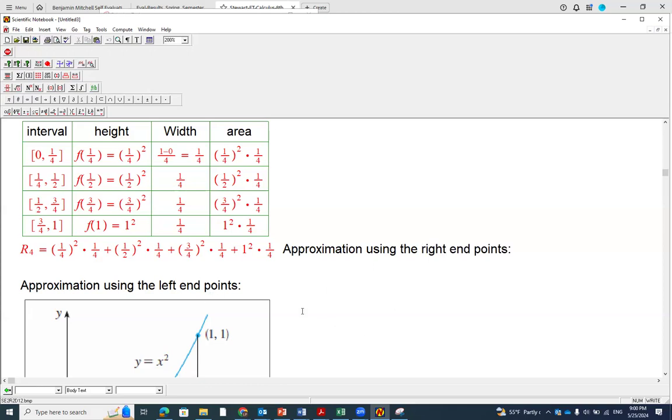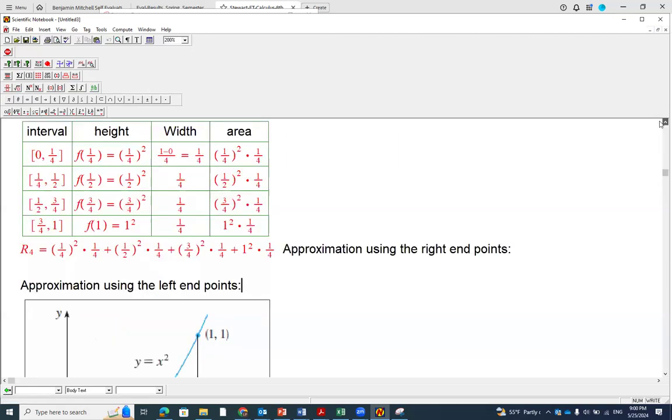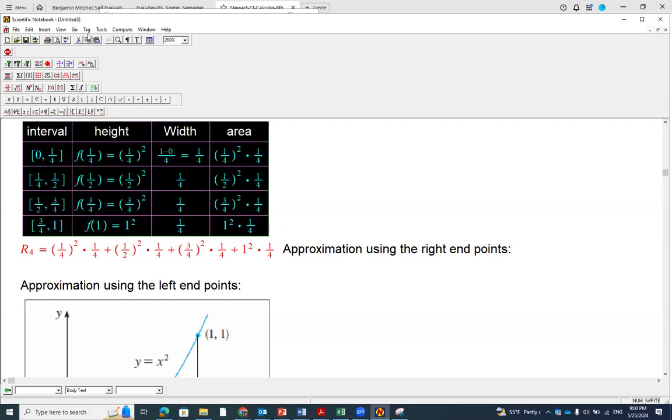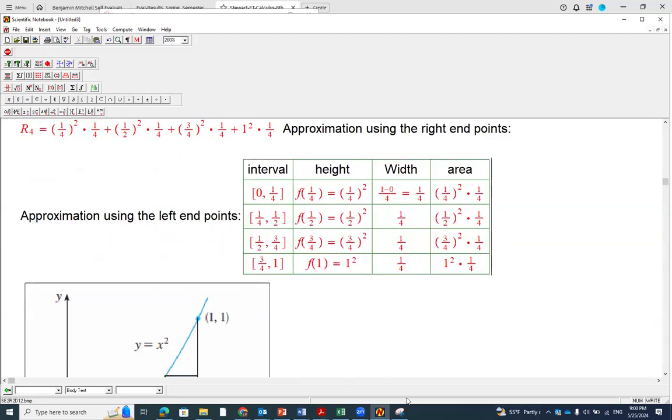What if we use the left endpoint? Well, if we use the left endpoint, I'm going to take this table, and there will be changes. So what are these changes?